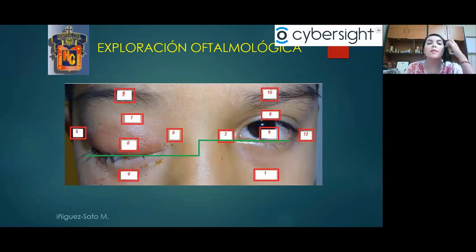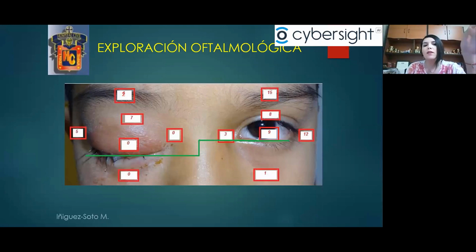And these measurements are very important for us in oculoplastic surgery, because in all these marks, we can see that there are 0 millimeters of elevator function muscle. He doesn't have the natural sulcus of the eyelid. He has a lot of secretion in the eyelashes.